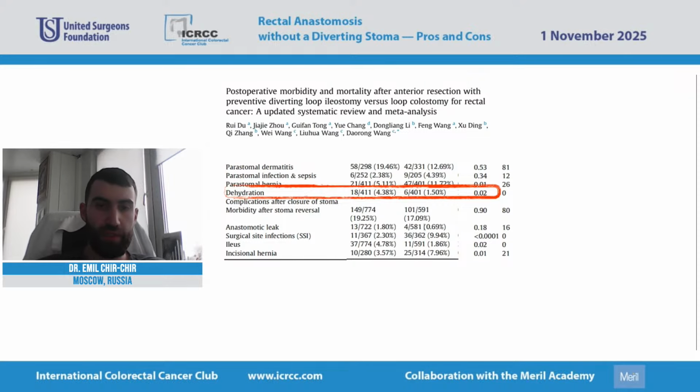Despite the risk of dehydration and obstruction, the meta-analysis recommends using a loop ileostomy as a preventive stoma in anterior resection for rectal cancer, as it's generally associated with fewer serious surgical complications.